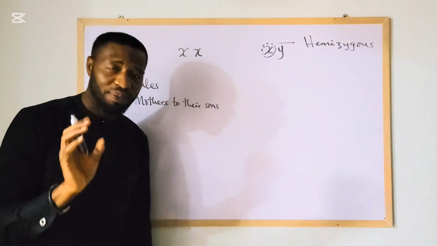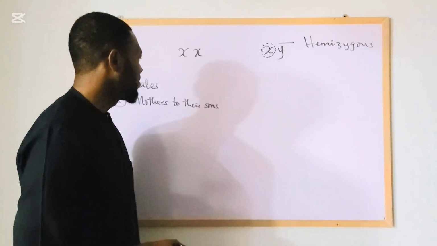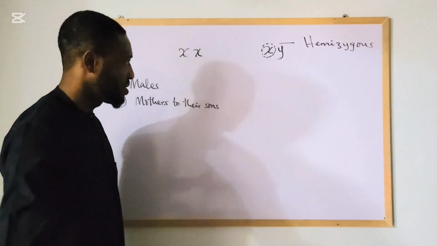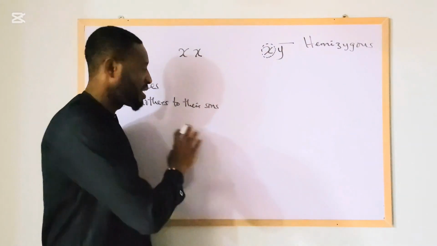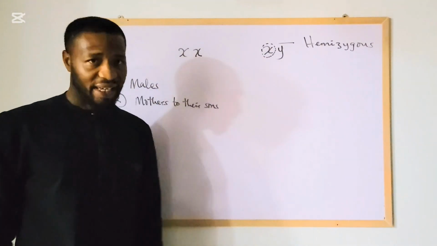So these are some basic things that we need to know about X-linked recessive disorders. Fathers do not transmit the disease to their sons, but it is transmitted from mothers to their sons, and that is because it is on the X chromosome.